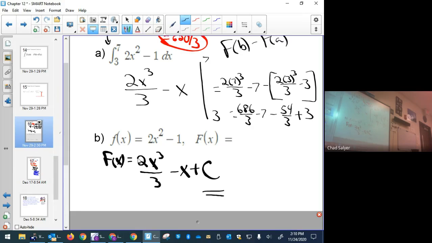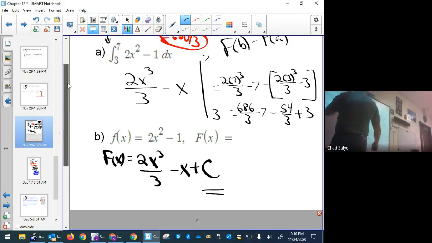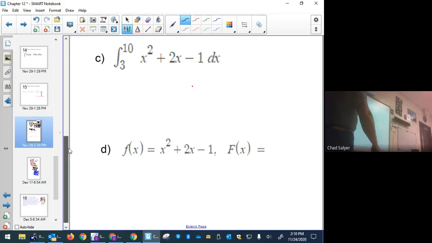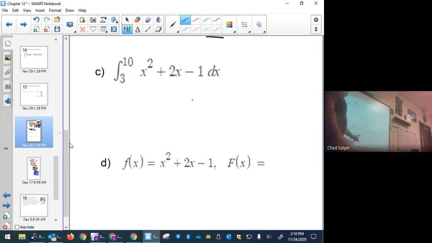Okay, so let me give you guys a couple of these. Tell me what the definite integral here is and the indefinite integral here. And the type of problem you see on part C can be done on some TI calculators. If you look under math and FNINT, if you have that function, it'll do it for you.